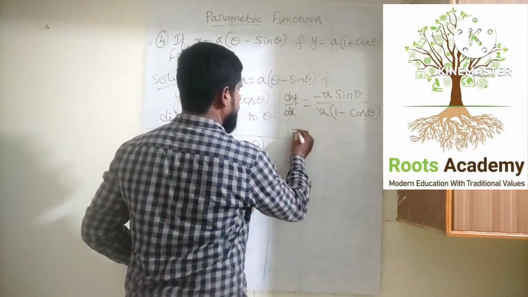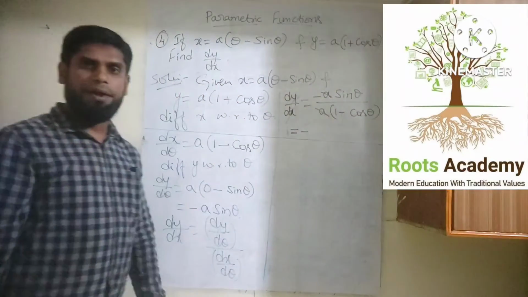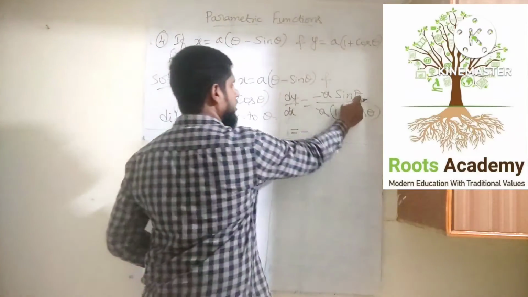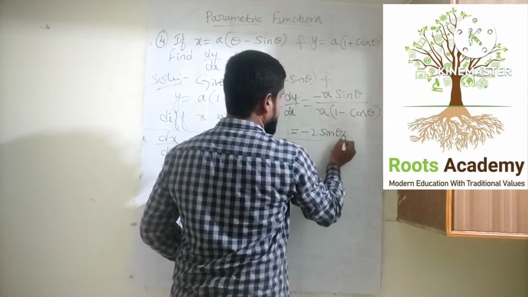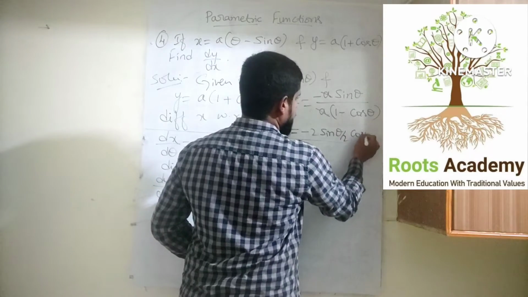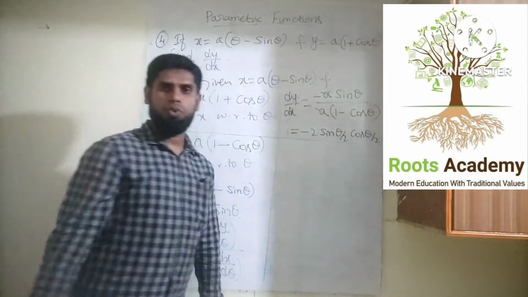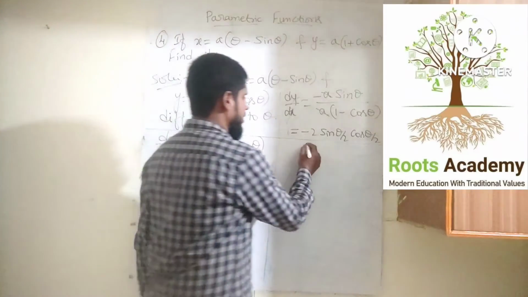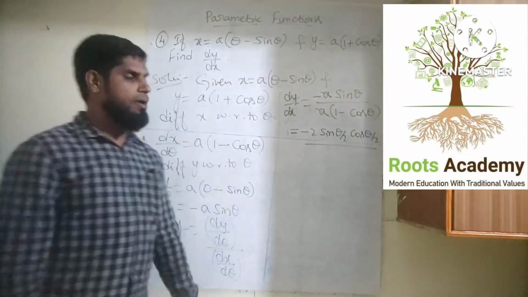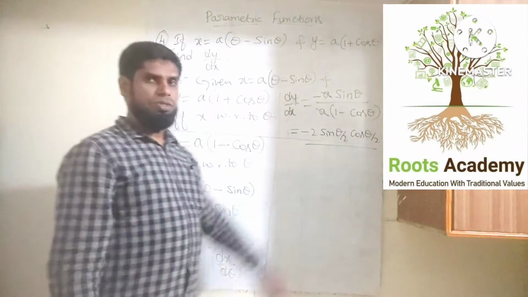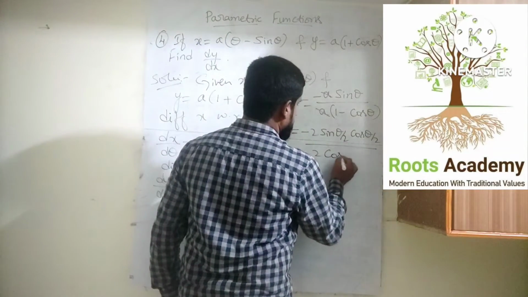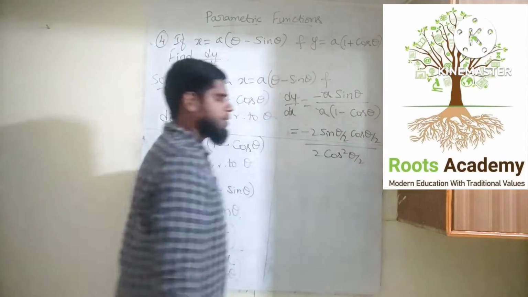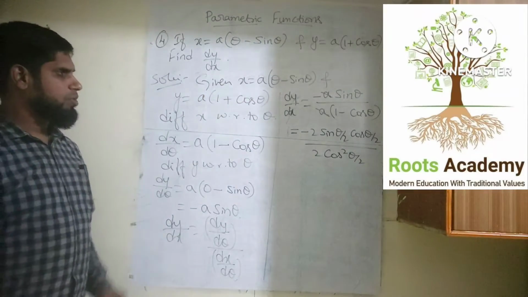That is equals to minus, as it is, sin theta can also be written as 2 sin theta by 2 into cos theta by 2, divided by 1 minus cos theta. The formula is 2 cos square theta by 2.